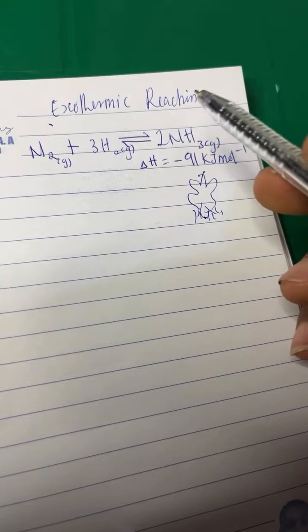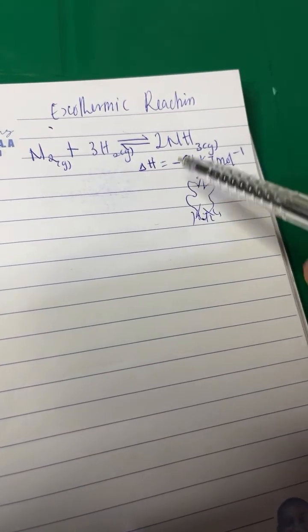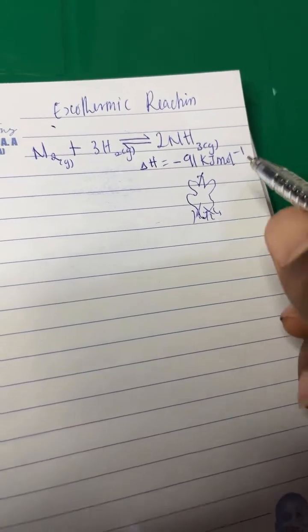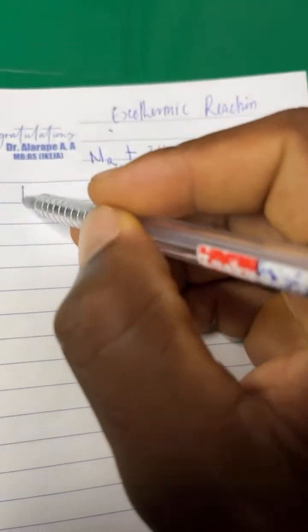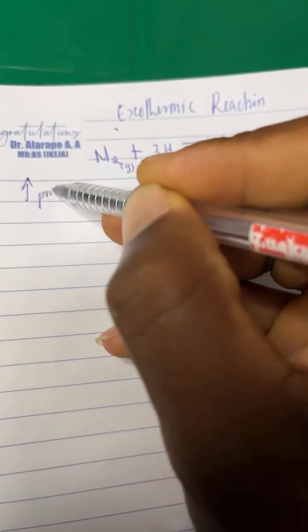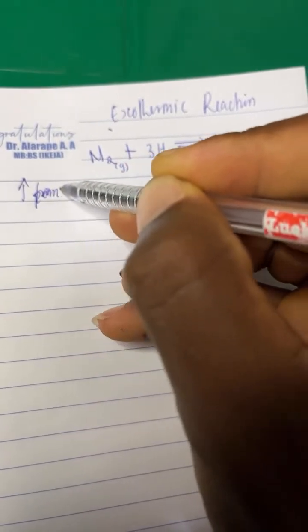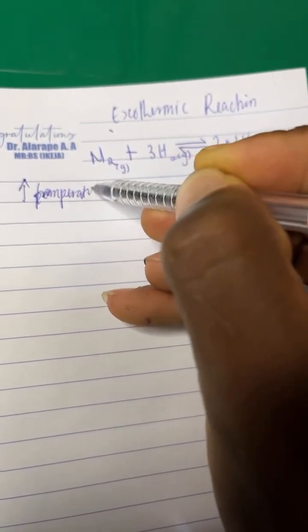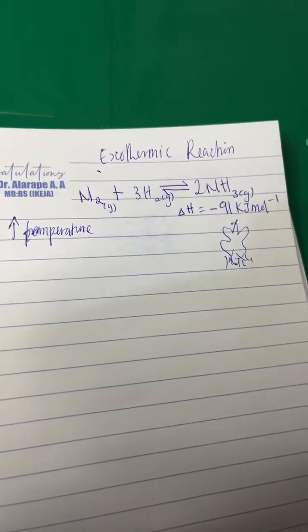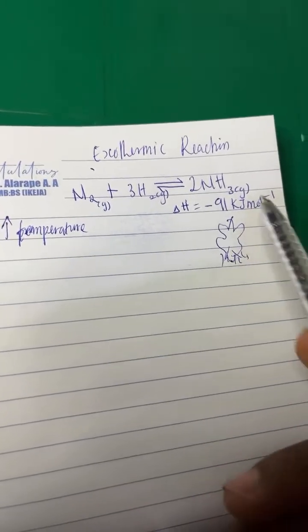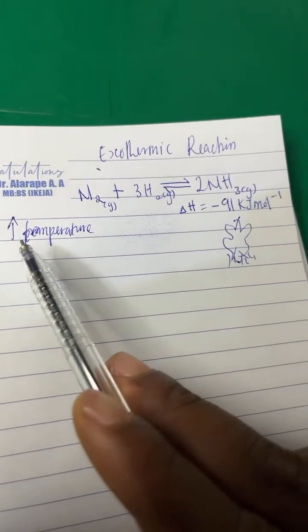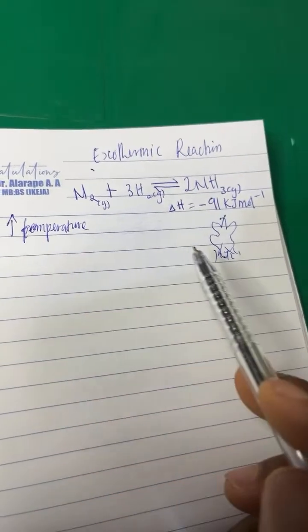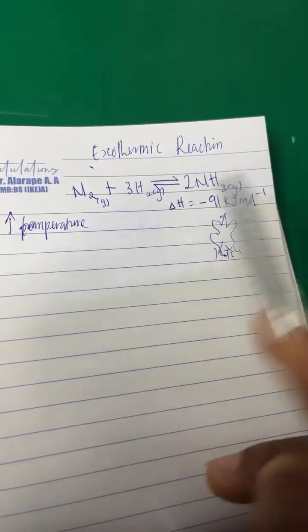This particular reaction already has a very high temperature, right? So if there is an increase in temperature, remember that an exothermic reaction is already hot because it's releasing heat.